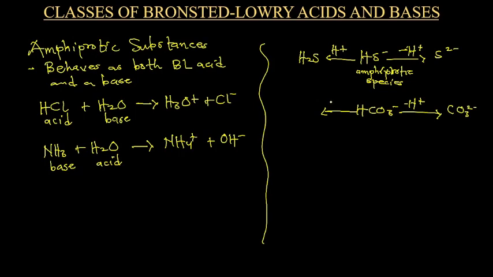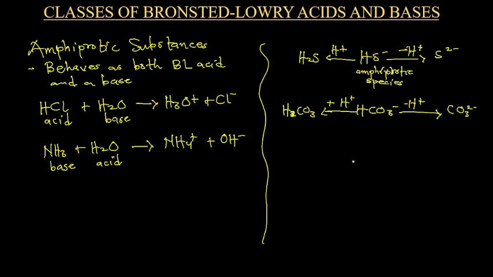So when we add a proton to it, H plus, what are we going to have? We are going to form the carbonic acid back, H2CO3. So you realize that again, this one is also amphiprotic because it is capable of accepting a proton, which is making it a base, and is capable of donating a proton, which is making it an acid.